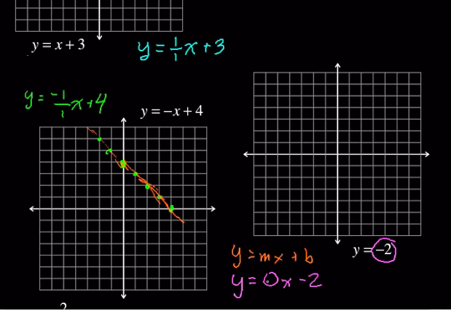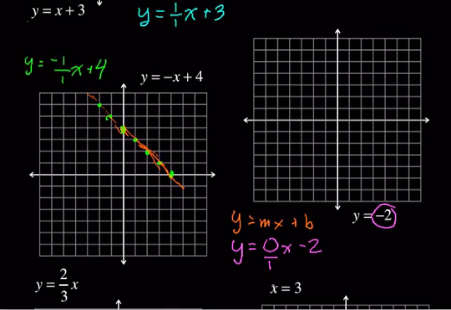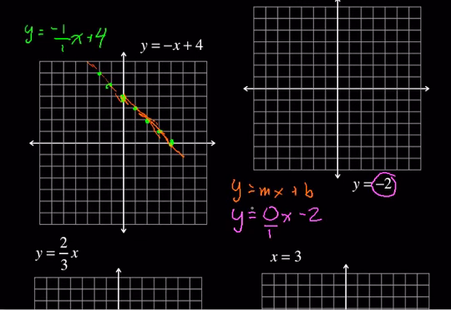And what is our slope? Our slope is 0. And how can we rewrite the slope so that it's a fraction? We can rewrite that as 0 over 1. So our new equation is y equals 0 over 1x minus 2. So our y-intercept is negative 2.